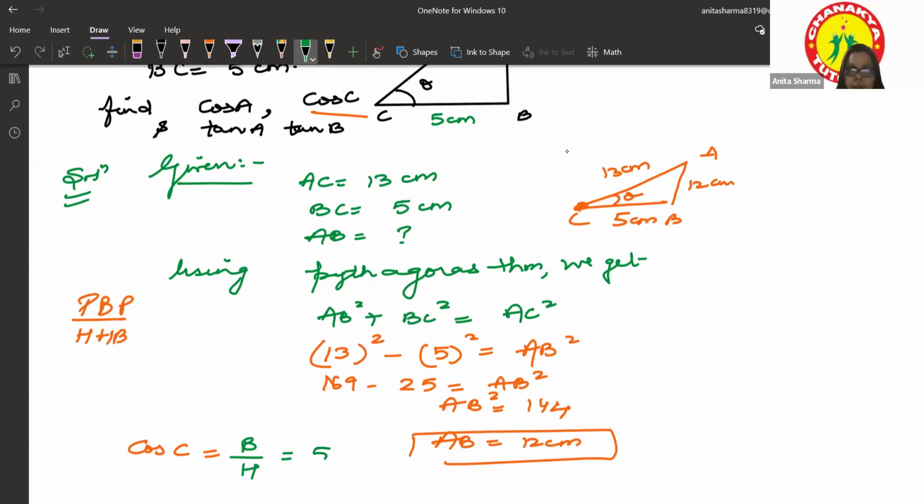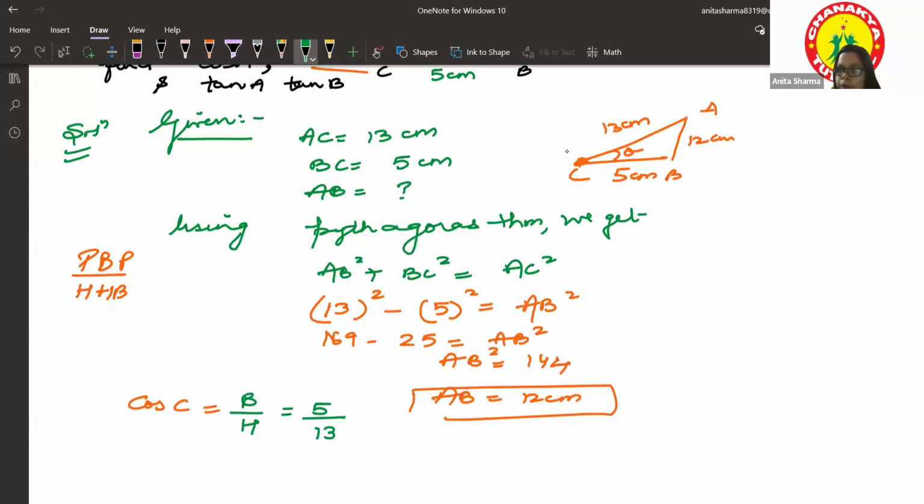Yes. So children, now we have to find cos A and tan A, right? So what will we do here? We will rotate our triangle in this way. So B, the right angle vertex, should remain the same.